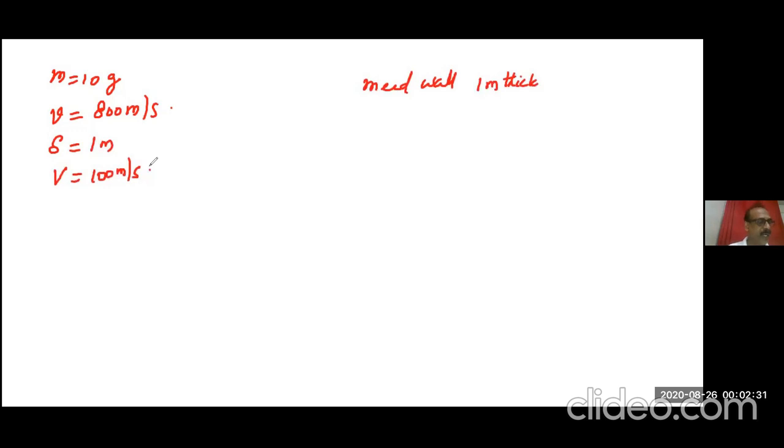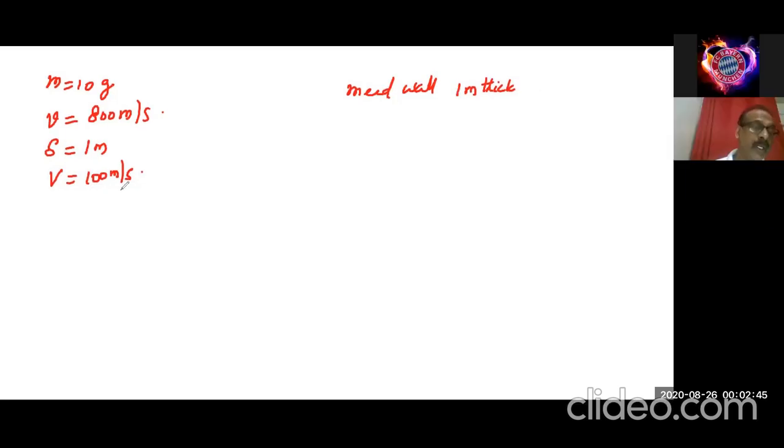Find the average resistance offered by the mud wall.